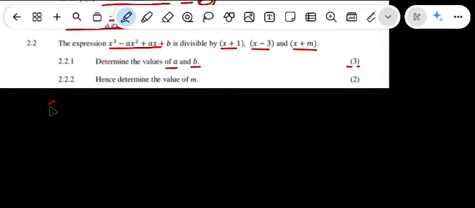We have x plus 1. This must be equal to 0 if it is divisible, since it's actually a factor. Also, x minus 3 must be equal to 0. Likewise, that factor must also be equal to 0.